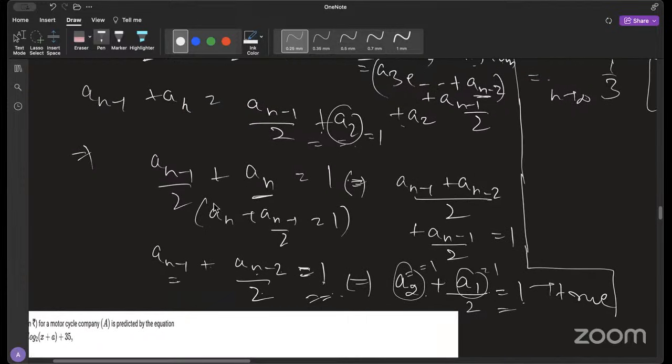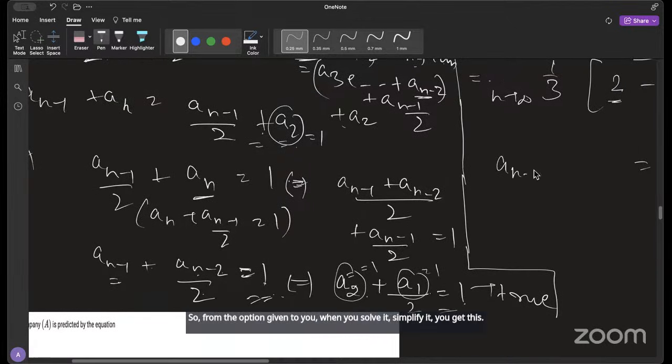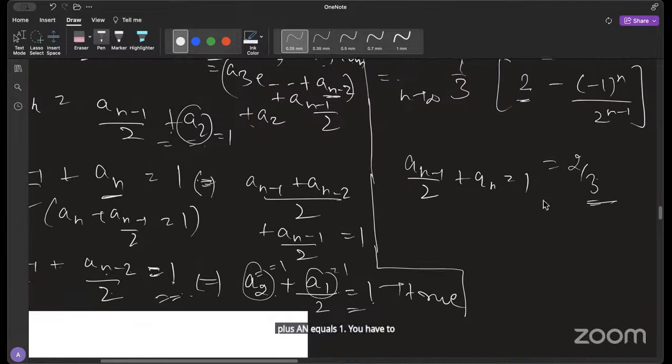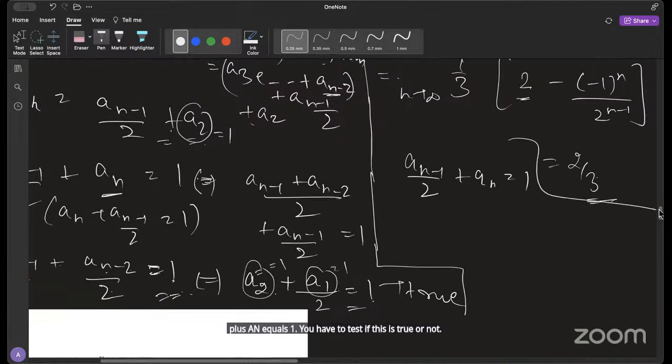So from the option given to you, when you simplify it, you get an minus 1 by 2 plus an equals 1. You have to test if this is true or not. To test this, we use the recursive formula and get an minus 2 by 2 plus an minus 1, and if you do it further, you'll get an minus 3 by 2 plus an minus 2 equal to 1.